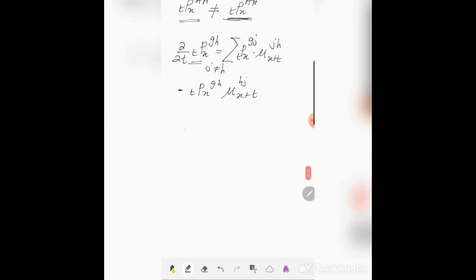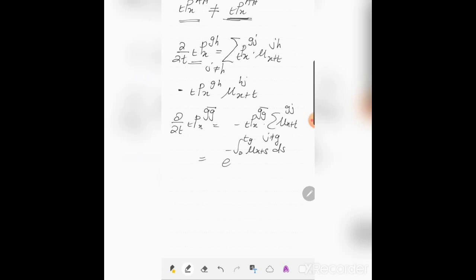Whereas for gg, d over dt of tPx gg bar, we know that is nothing but minus tPx gg bar times the sum over j not equal to g of mu x plus t gj, and this would result in a closed form solution, e to the power of minus integral 0 to t mu x plus s ds, from g to j.